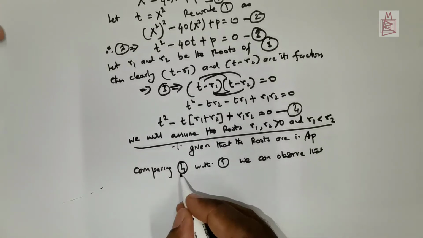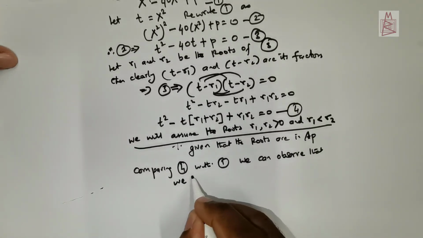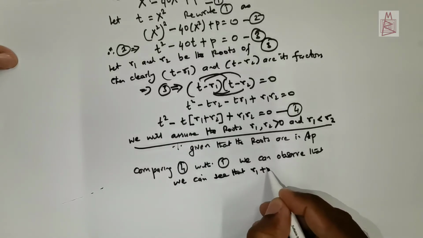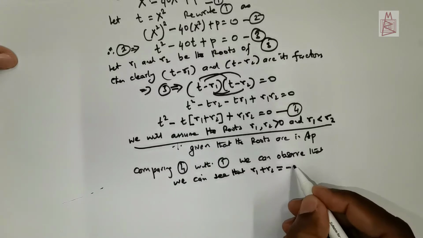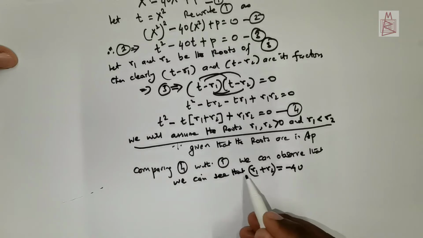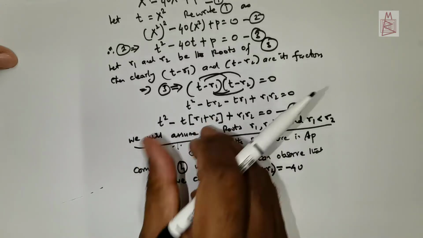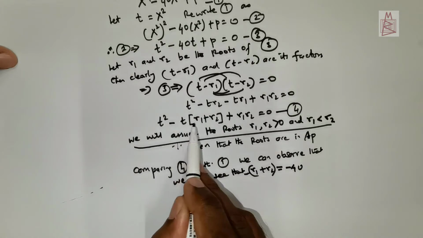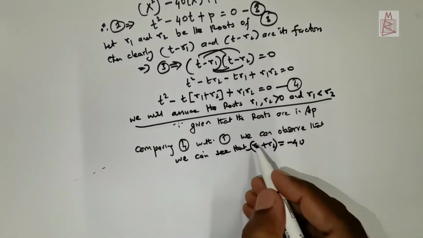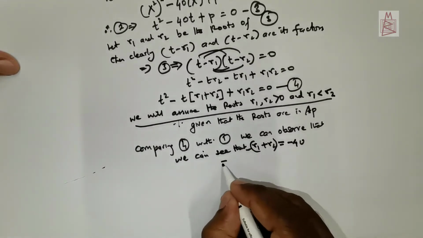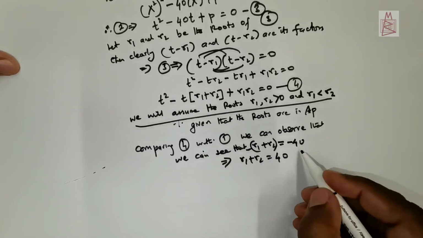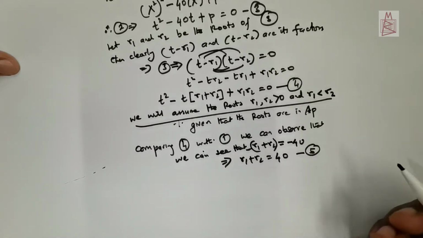So clearly comparing 4 with 1, we can see that R1 plus R2 is equal to negative 40. In fact, I should write this as negative of R1 plus R2, because the sign is negative before t and negative before x squared. So negative of R1 plus R2 is equal to negative 40. So this implies that R1 plus R2 is equal to positive 40. So I'm taking this as 5.